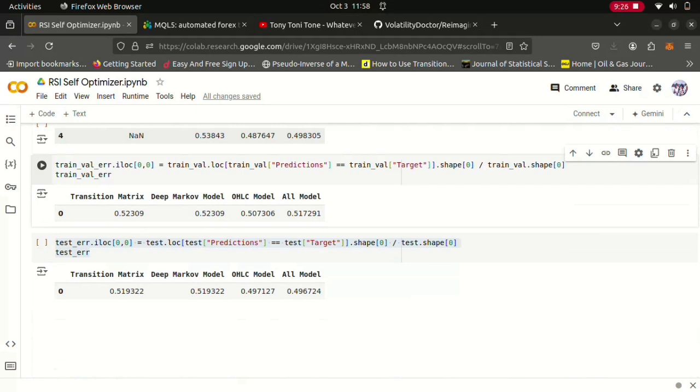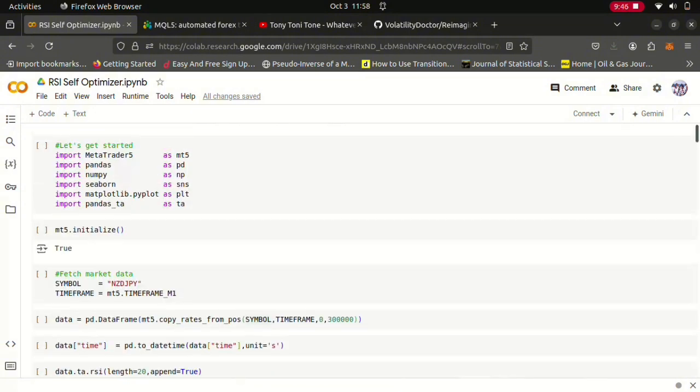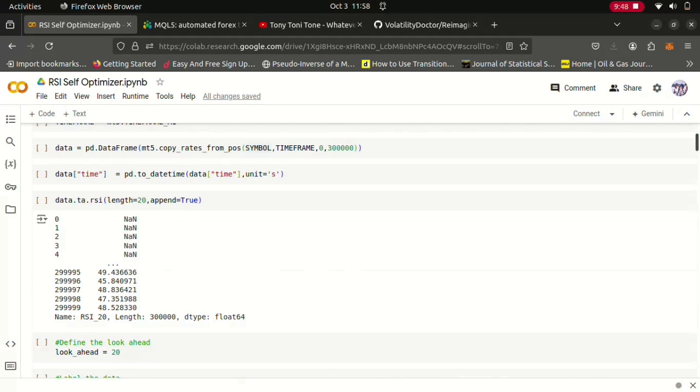So simply taking a Markov model is actually more reliable than trying to use a deep neural network predicting price. And mind you, this was all done using a simple RSI indicator.